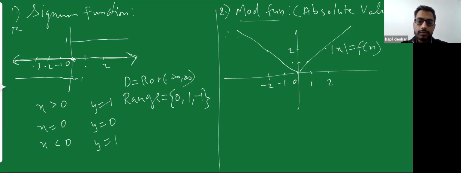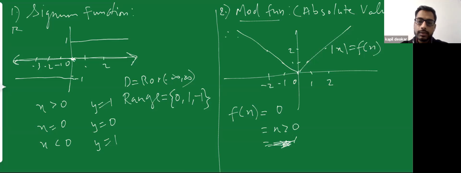Now if you are writing your function f of x, what can be your possible values? Your possible values can be 0, or you can say these values would be greater than 0, or you can say these values would be not less than 0, because the values are always greater than 0.